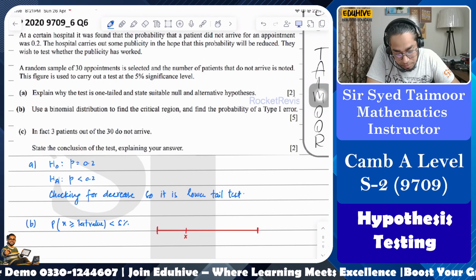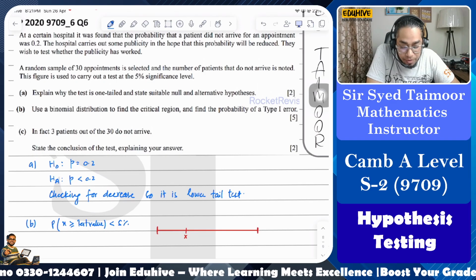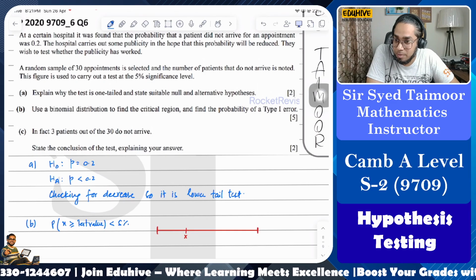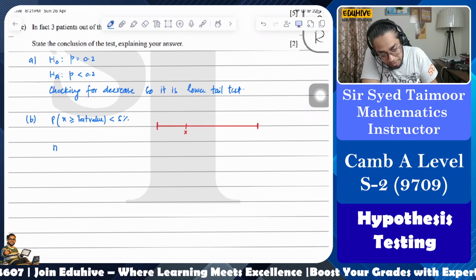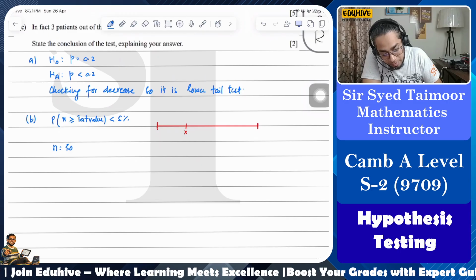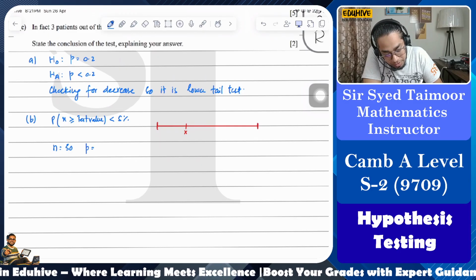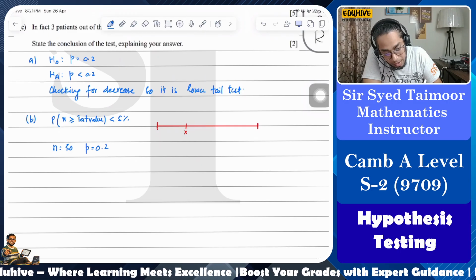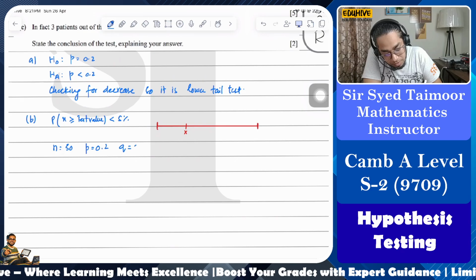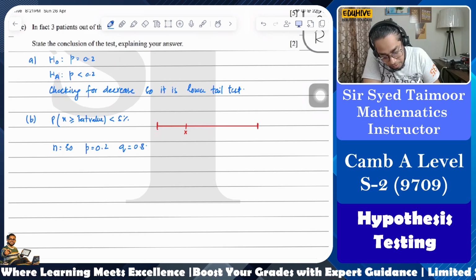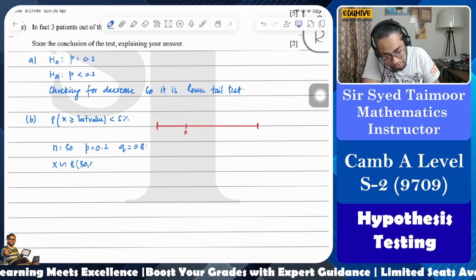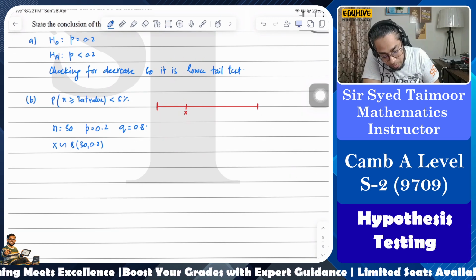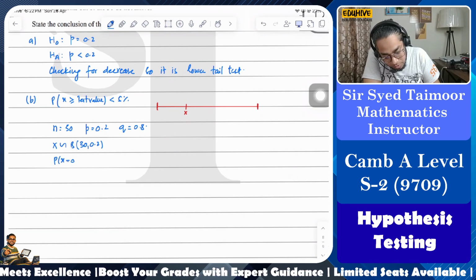And find the probability of the type 1 error. We have to proceed with the probabilities. Now we will have that n equals 30 and the probability of success was 0.2 and the failure was 0.8. Like our X follows the binomial distribution with 30 and 0.2. Now I'm going to check for X equal to 0.